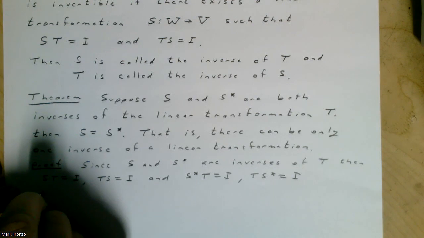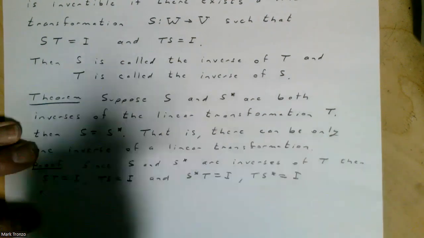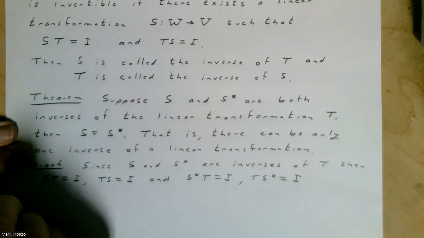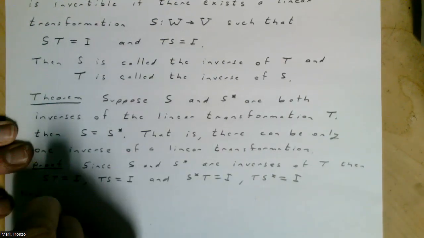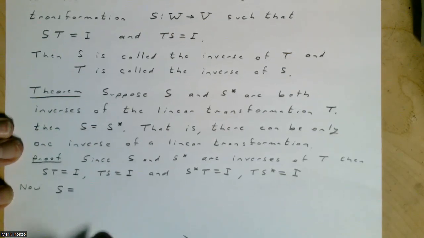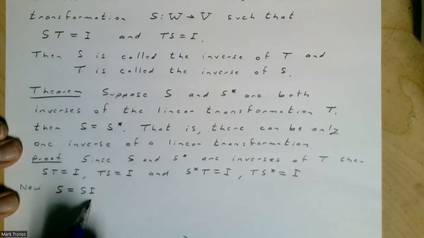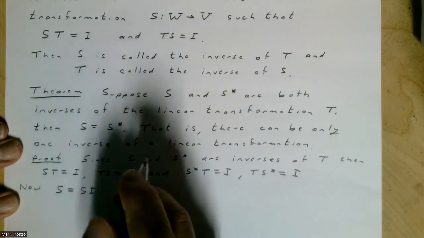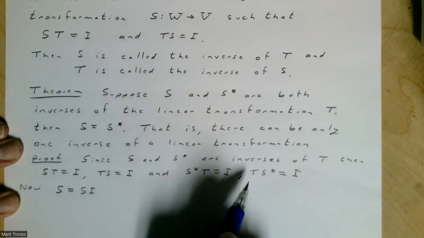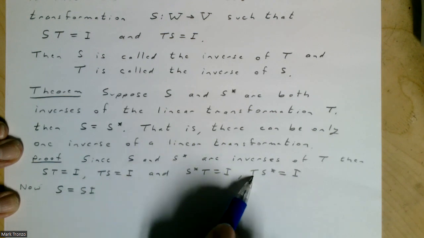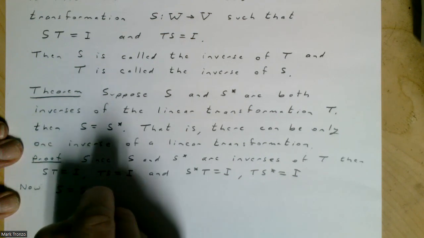And so now, let's start with S. That's going to be equal to SI, just the identity times S. But from what we have up here, the identity is equal to T S star.